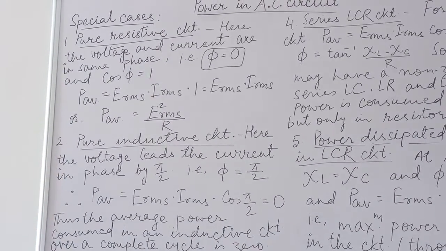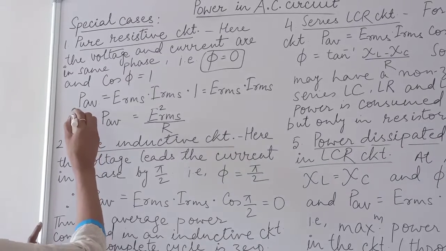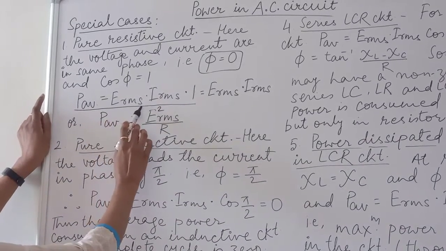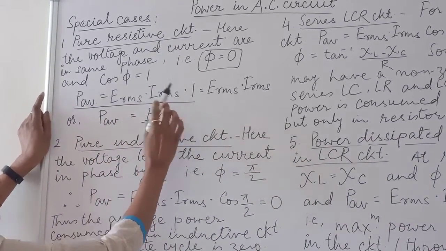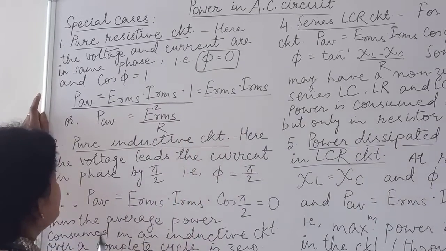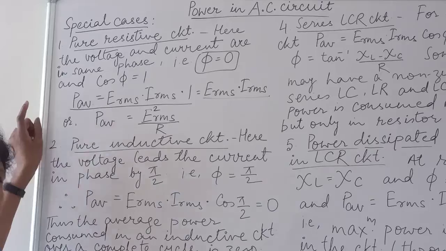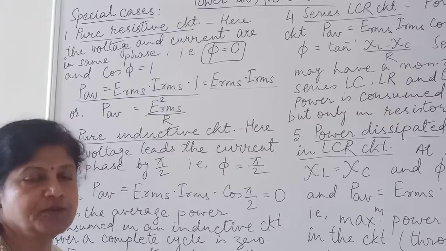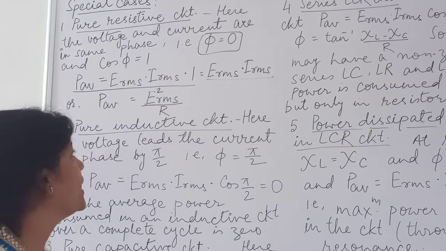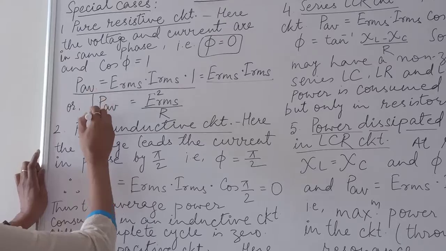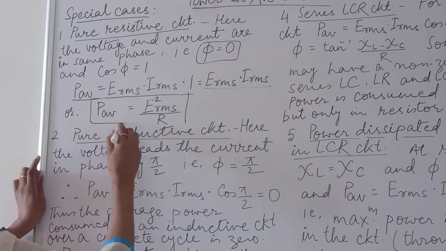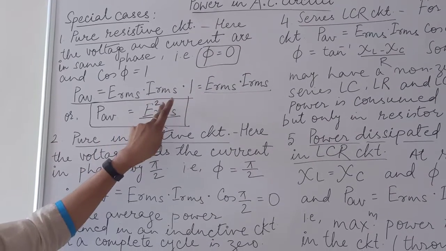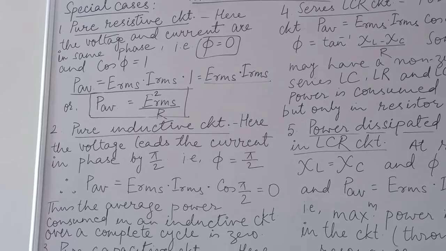Substituting the value of cos phi here, we get P average is equal to E RMS I RMS into 1, that is P average is equal to E RMS into I RMS. Using Ohm's law, that is V is equal to IR, we can write P average is equal to E RMS square upon R.